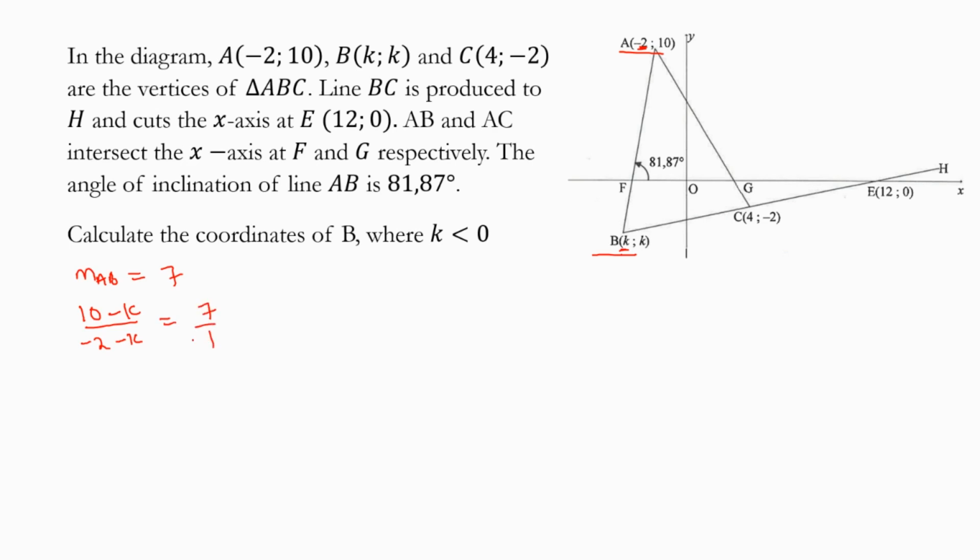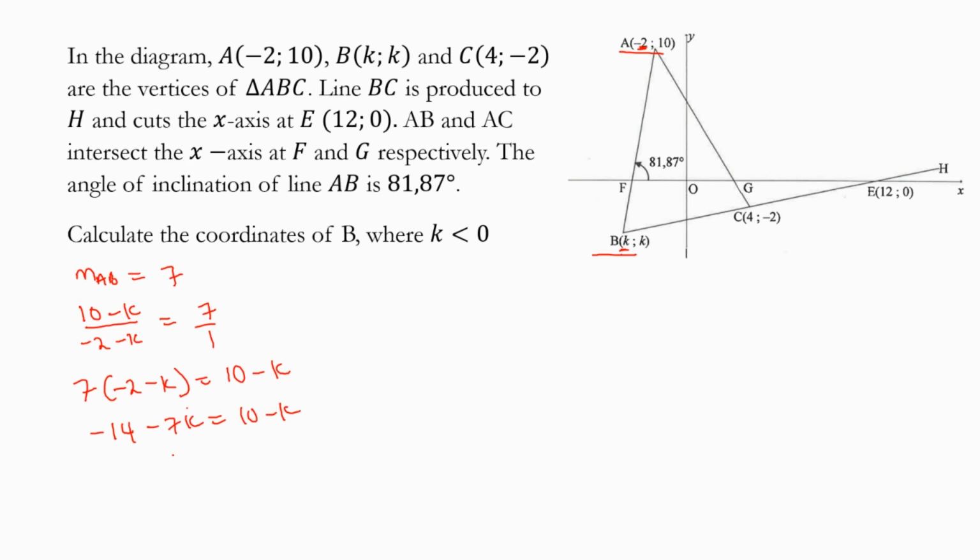That is 7. Then you cross multiply. Then from 7, negative 2 minus k is equal to 1 times 10 minus k. Let's distribute 7, negative 14 minus 7k is equal to 10 minus k. Right, we can bring this one this side.